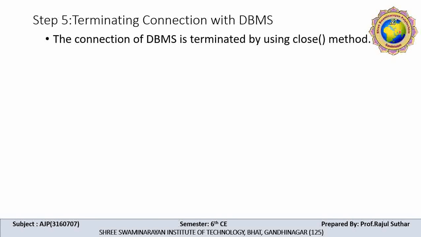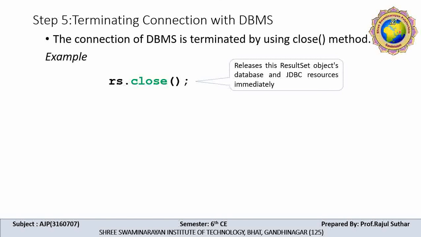Step 5 is terminating the connection. We are required to close the connection by using the close method. The connection to the DBMS is terminated by using the close method. Here the example is rs.close. It releases the result set object, database and JDBC resources immediately.